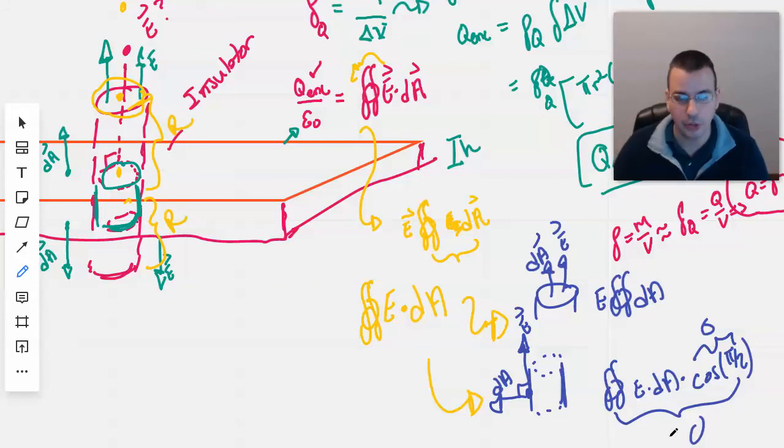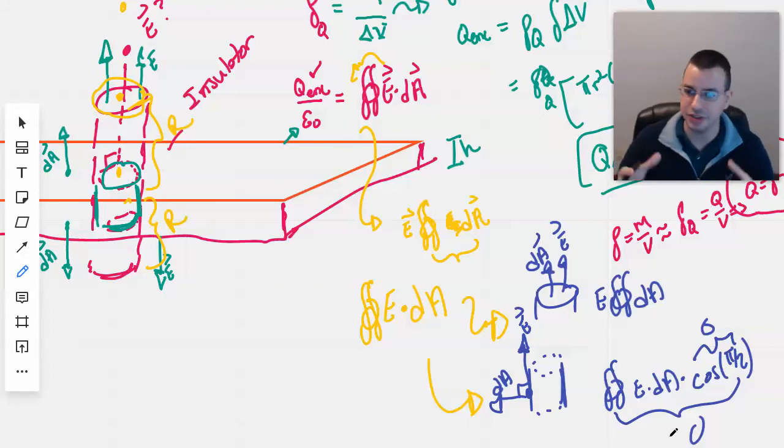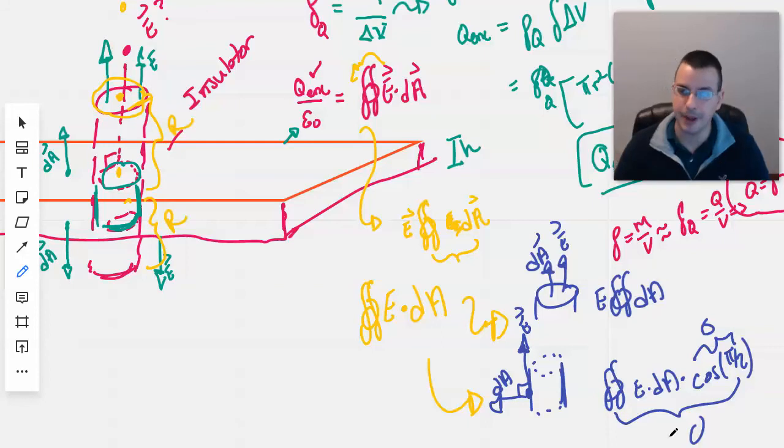And so that's why I'm ignoring the integral of E dot dA along the sides of the cylinder. So the sides, we just ignore them because they equal 0. This is really a two-part problem, but one part is 0, so we just ignore it. Okay? That kind of makes sense.